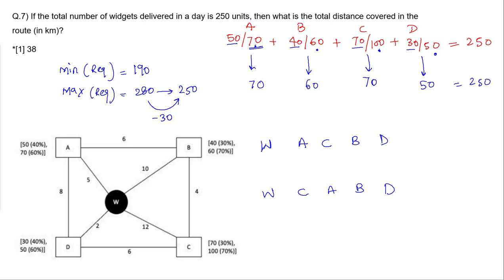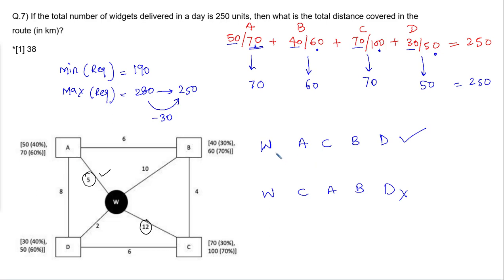So the supplier will choose a location with the minimum distance if there is a tie. So warehouse to location A and warehouse to location C, which distance is smaller, that you need to check. Warehouse to location C is 12, warehouse to location A is 5. So this 5 is smaller. So supplier will choose this route.